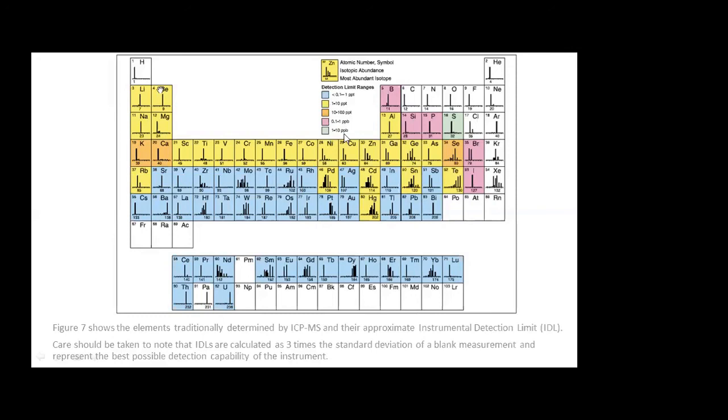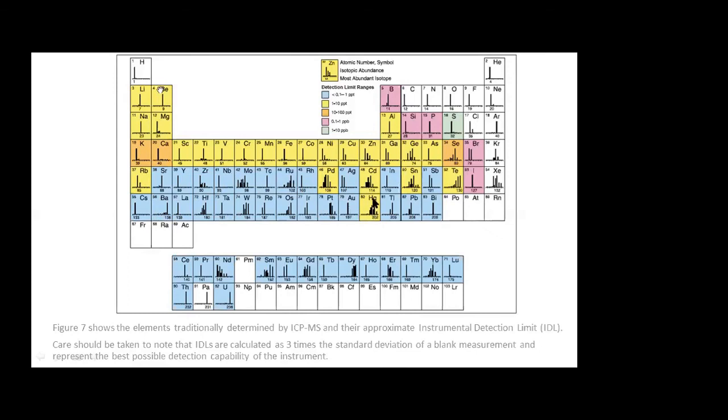So you can see that the blue one here, maybe silver, rhodium, molybdenum, zirconium, yttrium, cesium, barium, gold, all this can be determined at a very, very low level, 0.1 parts per trillion also.